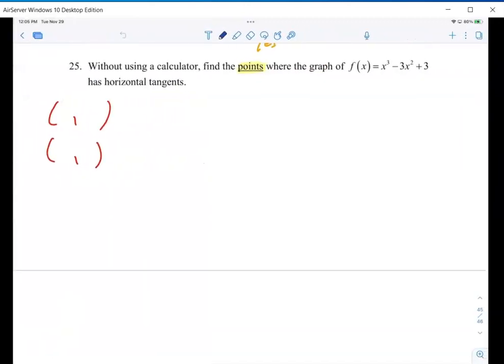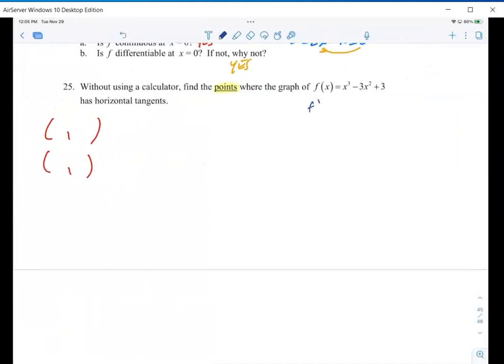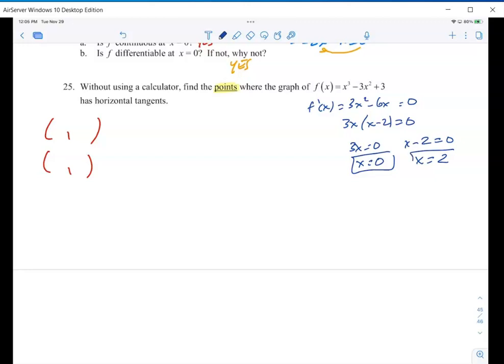All right, so check it out. The derivative of this, and set it equal to 0, if I factor out a 3x, divided by 3, I get x equals 0. Add over the 2, I get x equals 2.